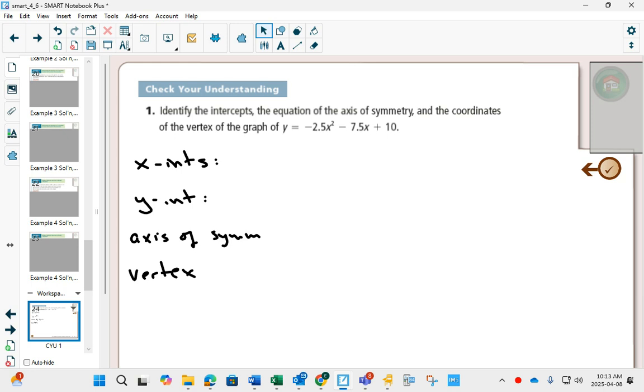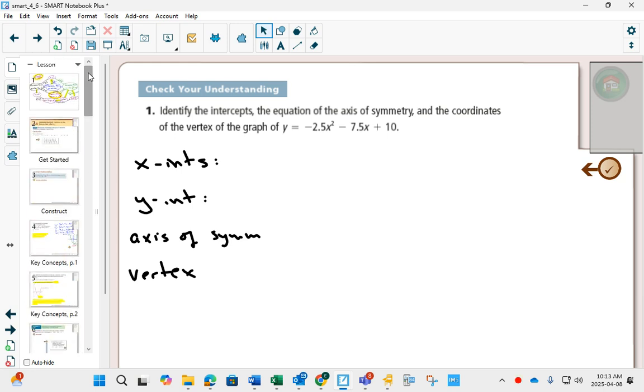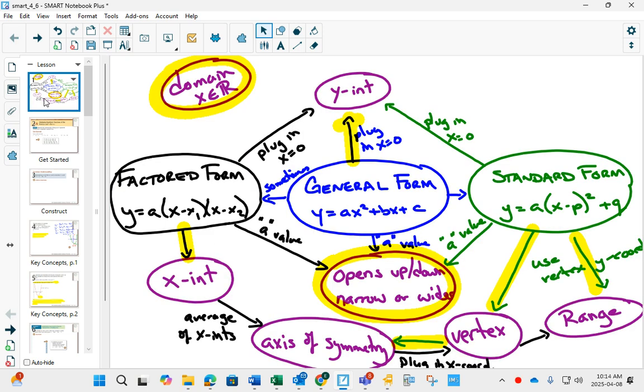Okay? And if we think about that diagram that we looked at the beginning, we're starting here with the general form. The things that we want to find: y-intercept, x-intercepts, axis of symmetry, and the vertex. Those are the things that they asked us to find. Okay?